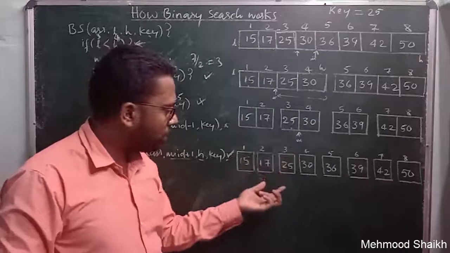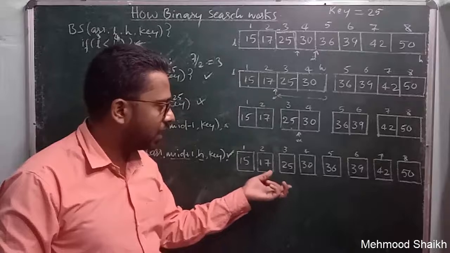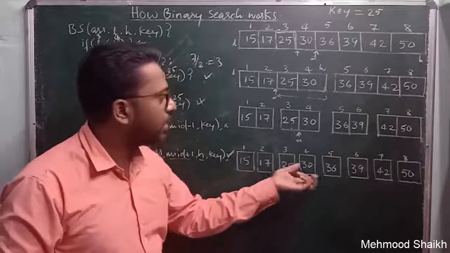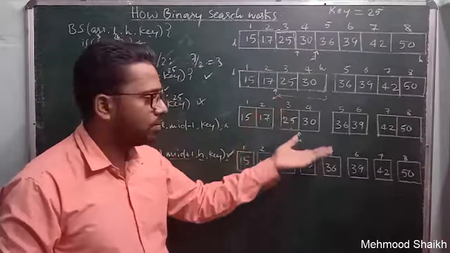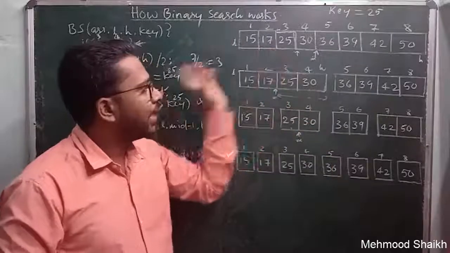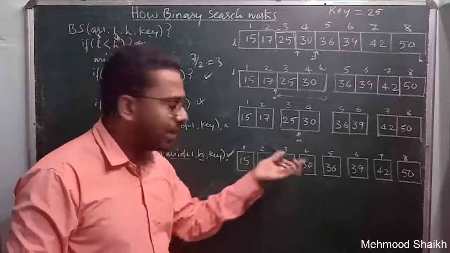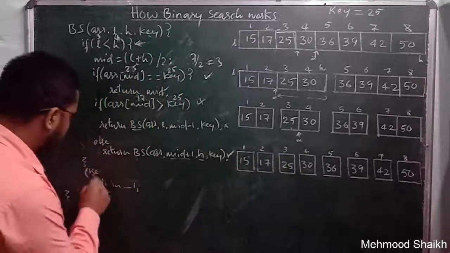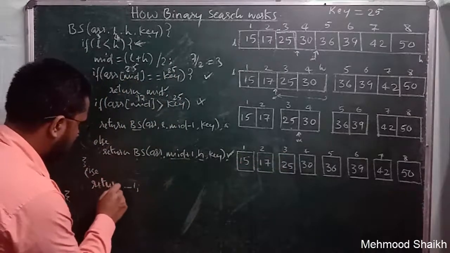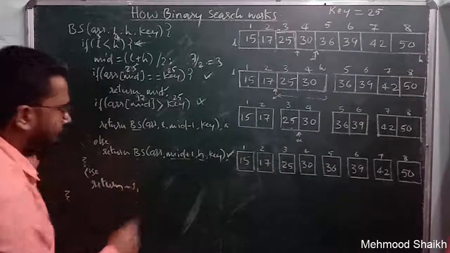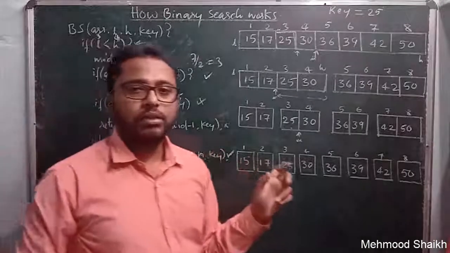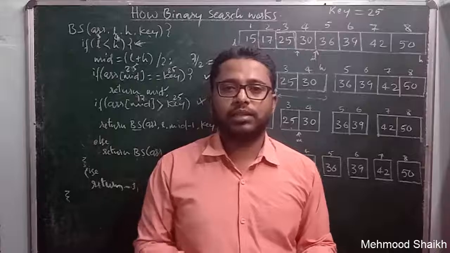Once it reaches the smallest unit of the array and doesn't find the key element, because that element isn't present in the array, it will return -1. Return -1 means element not found. So this is the entire concept of the binary search algorithm.